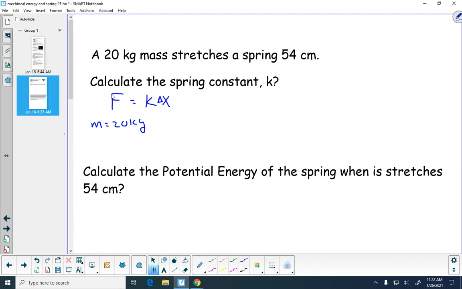Gravity, yeah. It's weight. Why don't we calculate its weight, Jordan? Yeah, we can multiply the mass by gravity. So our force of gravity, the weight, is going to be 20 kilograms times 9.81.